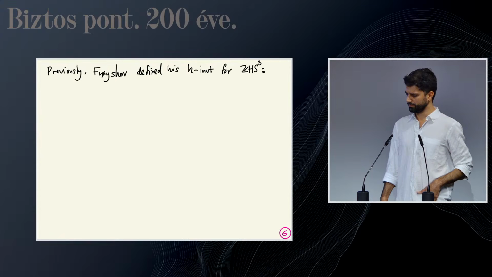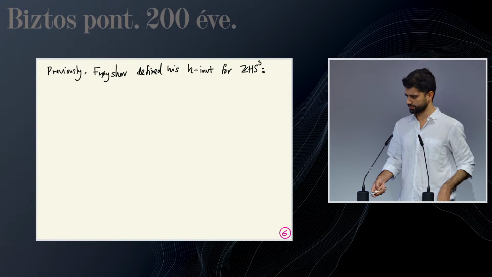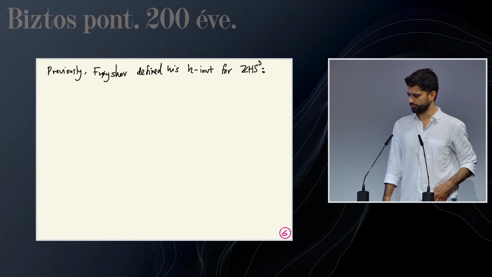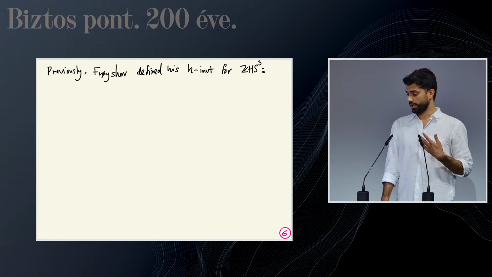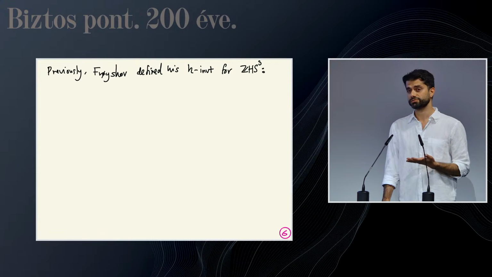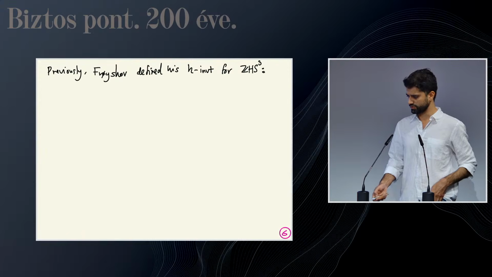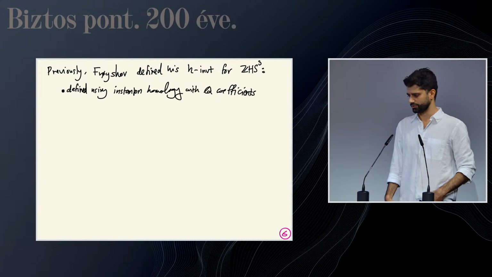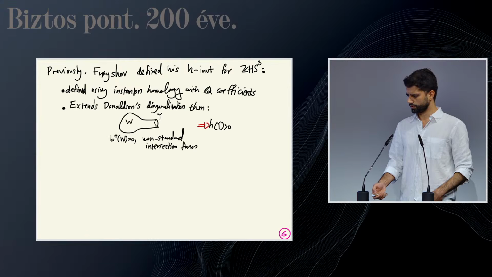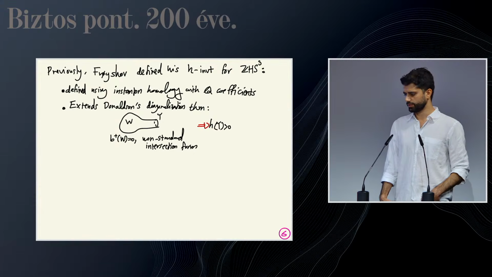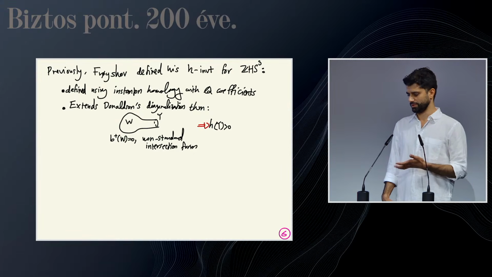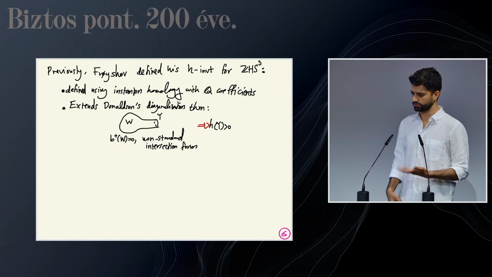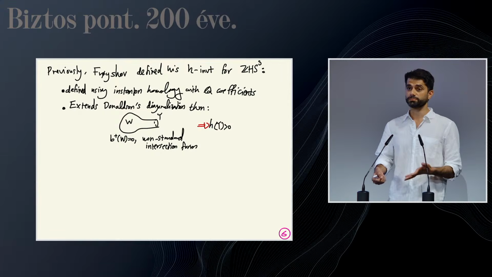Okay, let me make some comments about this Q3 invariant. In fact, this Q3 invariant has some predecessors. The first one is Frøyshov's h invariant, which is defined using instanton homology with rational coefficients. I think his motivation to define this invariant was to extend Donaldson's diagonalizability theorem to the case of manifolds with boundary.